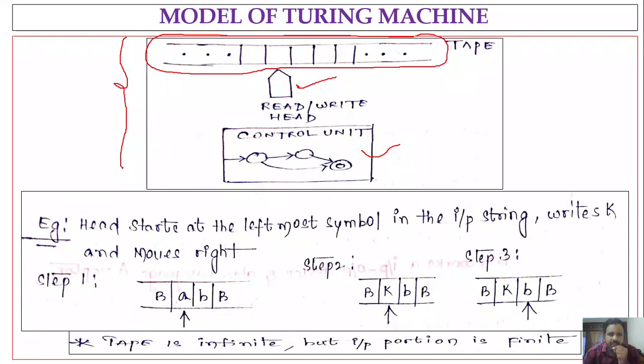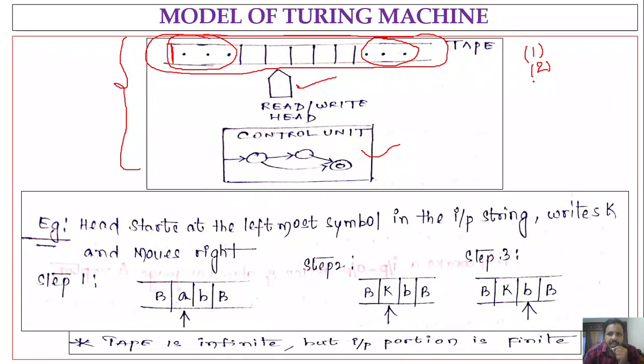Okay. Generally, if you consider this tape, it has different variations. In the first variation, the tape is infinite in both directions, that means on the left side as well as the right side. Next, we may have another variation where the tape is finite, that means it has a bound or boundary on the left side and is infinite on the right side.